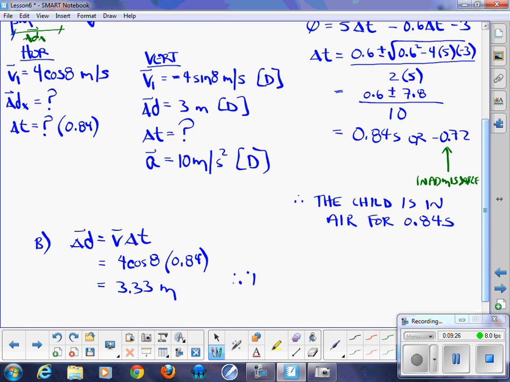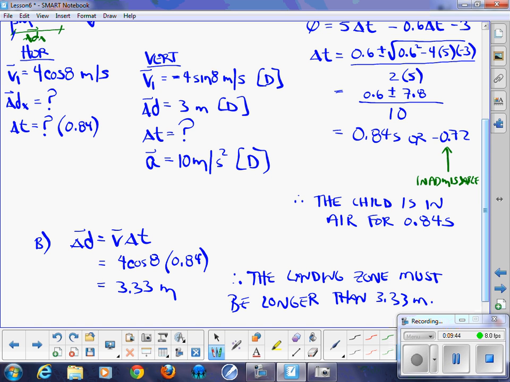So therefore, the landing zone must be longer than 3.33 meters. We actually don't even need it to be, it could start at the 3 meter point and then go from there. So it doesn't have to go right from the bottom of the slide, although that's probably violating some code, so it's probably needed to have it that long along the bottom. So there we are. Third example.